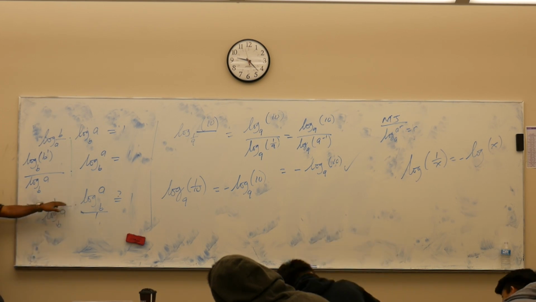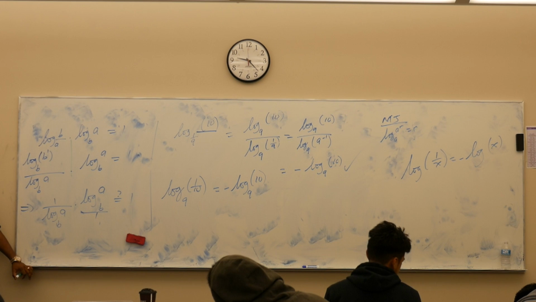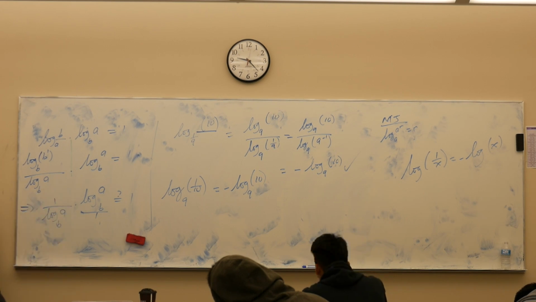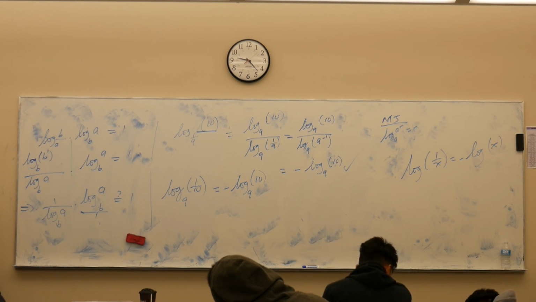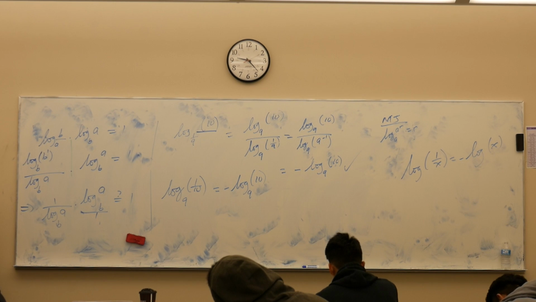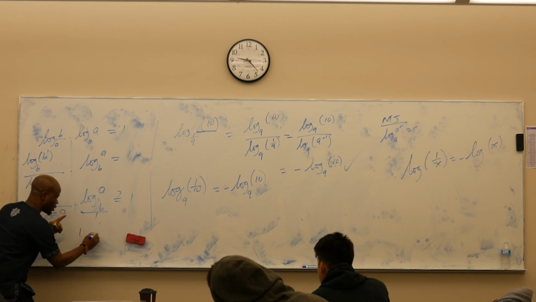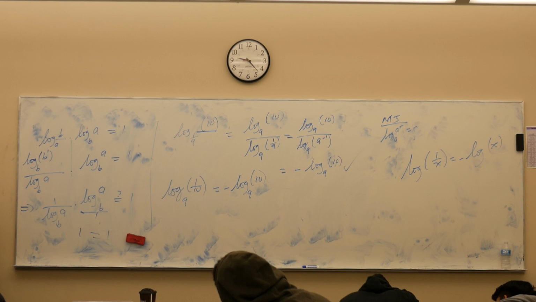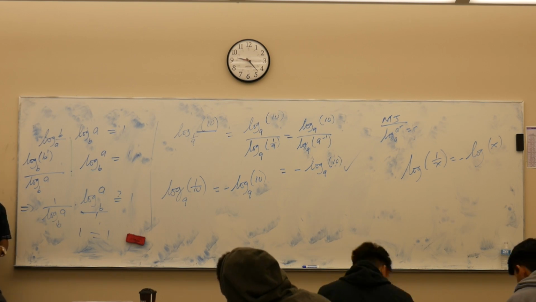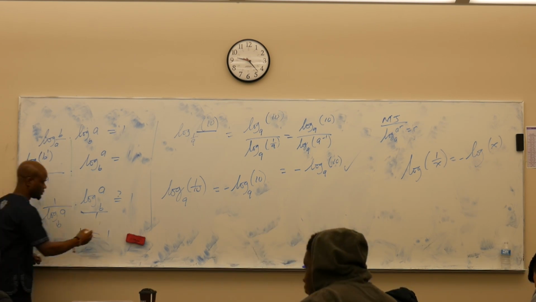So now I just got something divided by itself. What's anything divided by itself? What's 5 divided by 5? Yeah, anything divided by itself is 1. So I got 1 equals 1. Is that a true statement? Yeah. Always.